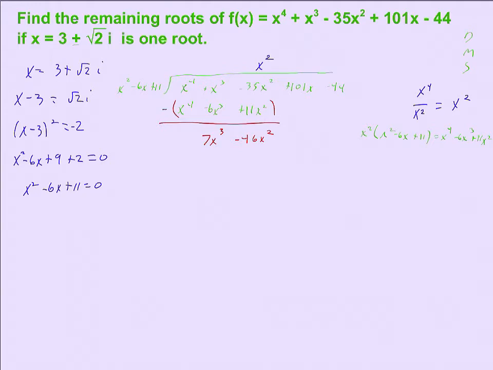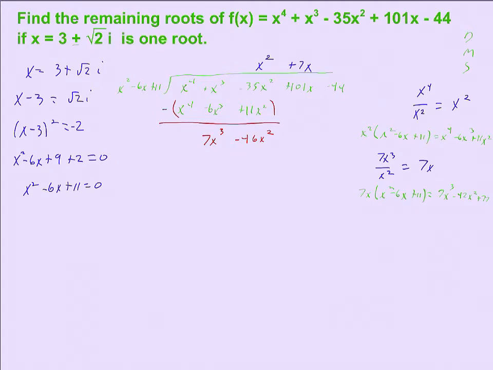Divide, multiply, subtract, check, check, check, start again. 7x cubed divided by x squared is 7x. Distribute that 7x back to the x squared minus 6x plus 11. 7x cubed, well, that's good, minus 42x squared plus 77x.